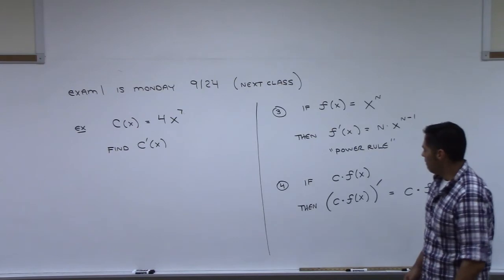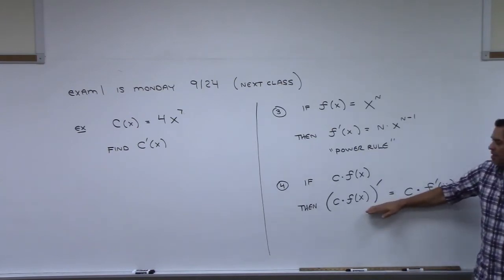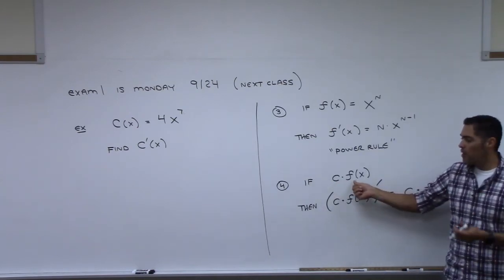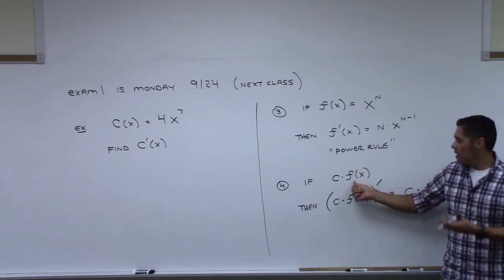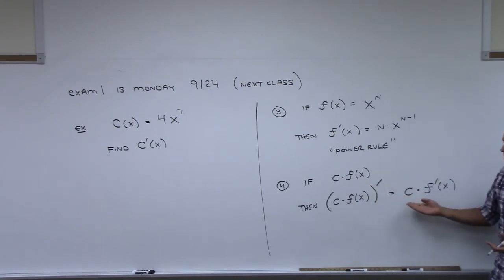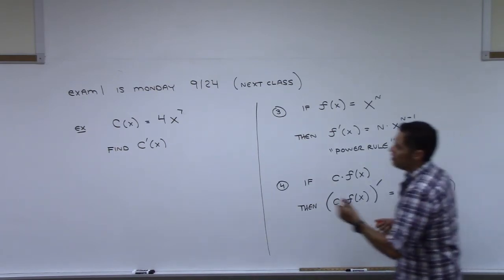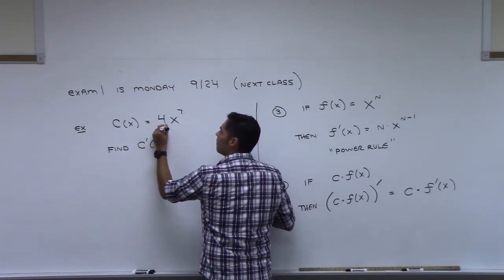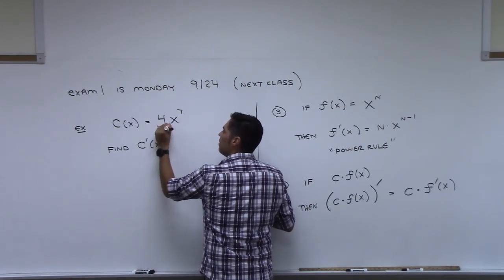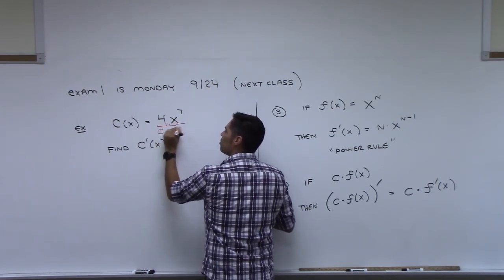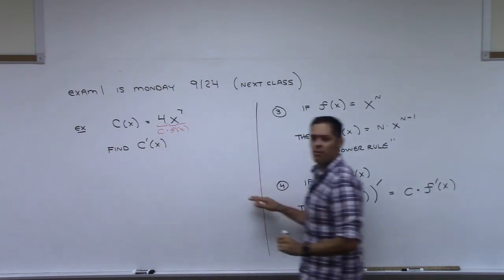Then this rule says that if we see a constant in front of some function of x, when we take the derivative of that, what happens to the constant? It just stays there. It doesn't go away. And then all you have to do is take the derivative of that other part that was the function of x. So in this illustration, this is our constant, and this is our function of x. Do y'all kind of see how that works into the formula here?